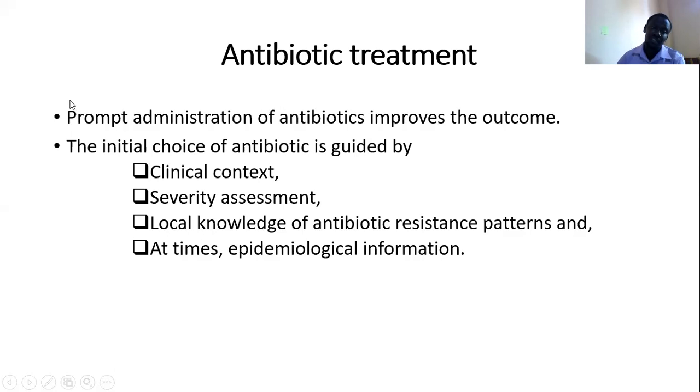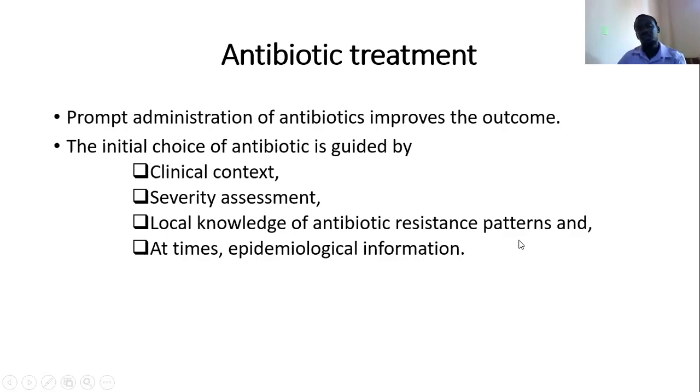Antibiotic therapy: prompt administration of antibiotics improves the outcome, and the choice of antibiotic is guided by the clinical context, the way the patient is. You might choose to give an intravenous antibiotic, or you give an oral antibiotic. Severity assessment, depending on how severe the patient appears to be, will guide you on the choice of antibiotic.